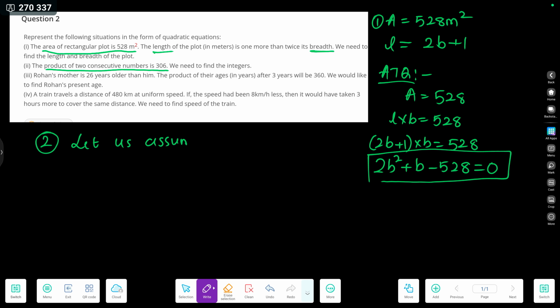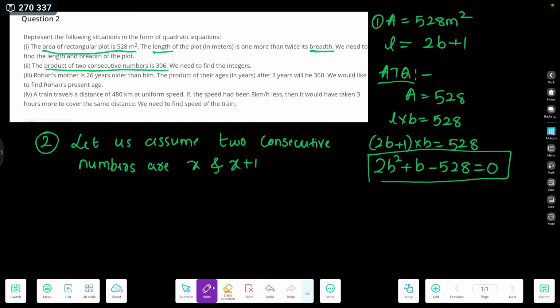Let us assume two consecutive numbers are x and x plus 1. Remember, for consecutive numbers assign x and x plus 1, like 1 and 2.